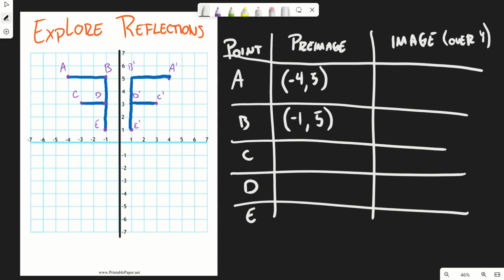Point C is at -3, 3. D is at -1, 3. And E is at -1, 1. Those are my points. And now, on my image, when I flip them, A is now at 4, 5. B is at 1, 5.